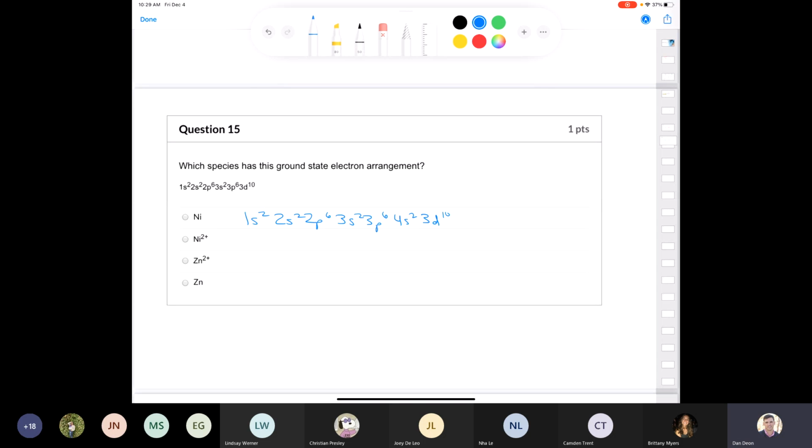If you tally up the total of electrons here, you have 30 electrons. So when you lose 2 electrons, you're going to have 28 electrons, right? So 30 electrons is element number 30. That would be zinc, right? And if I lose 2 electrons, then it becomes zinc with a 2+ charge. And so the answer is zinc with a 2+ charge. Give me a thumbs up if you follow me on that one.